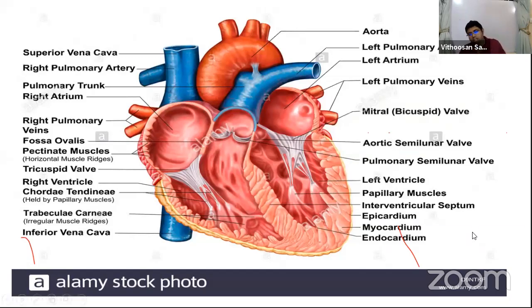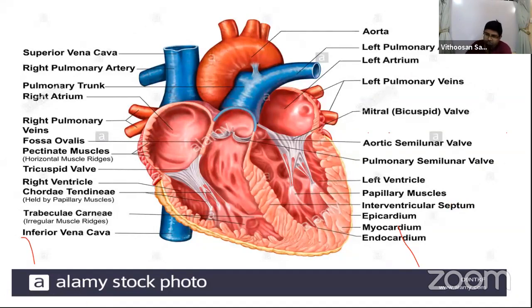Now, if you look at this valve, guys, I just want to make the next point here. This is your tricuspid valve. It is connected to a structure called chorda tendineae, sorry, to the papillary muscles, by these fibers. These fibers are called chorda tendineae.